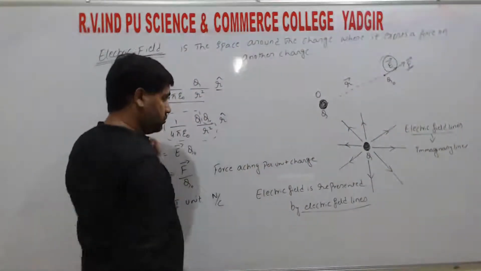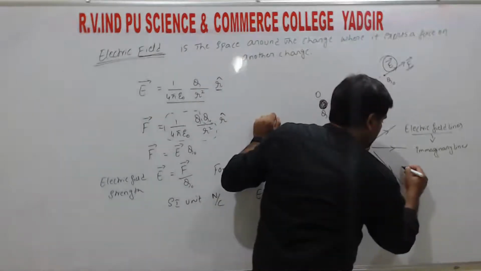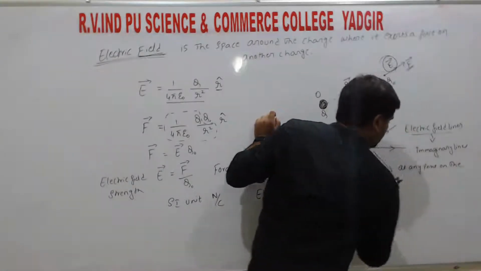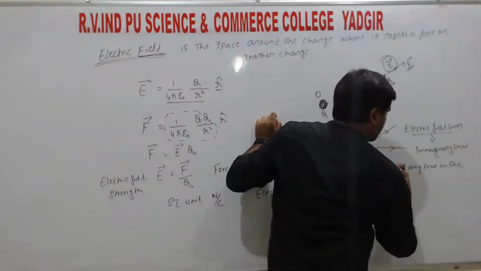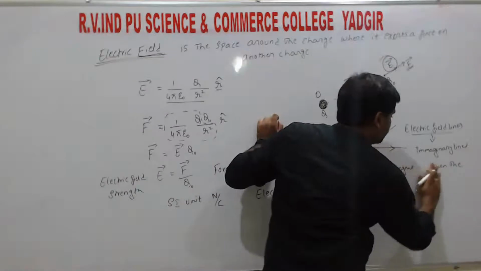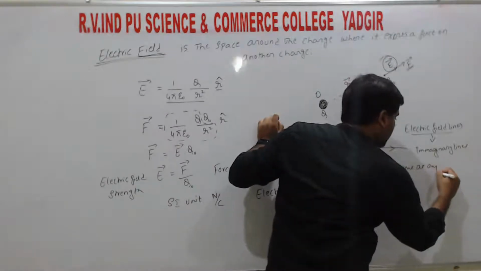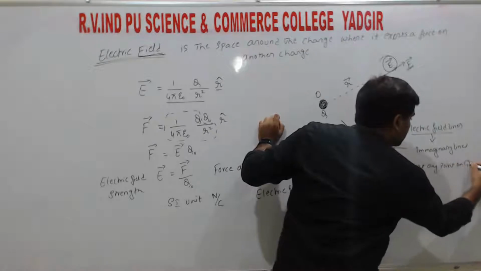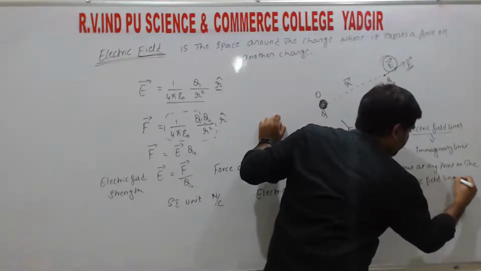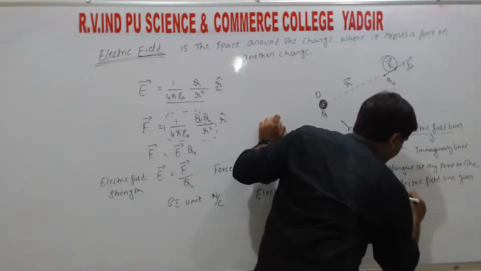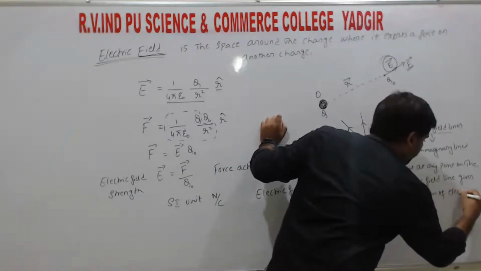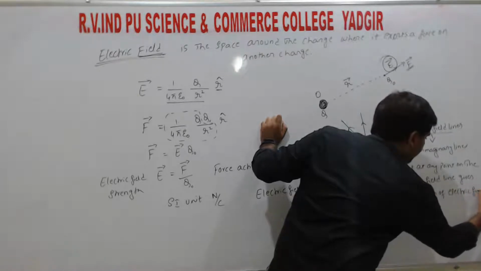The tangent at any point on the electric field line gives the direction of the electric field, right?